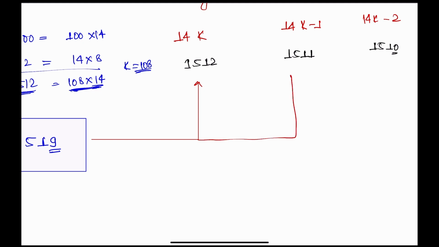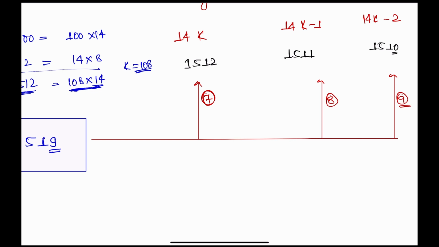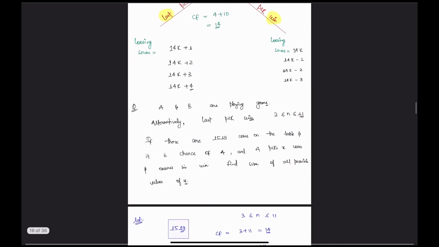It can become this if the first person chooses 7, if the first person chooses 8, if the first person chooses 9. These are the only possibilities, but let's check.